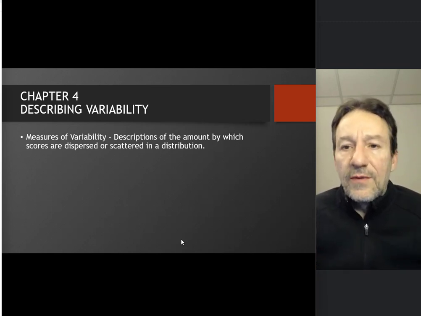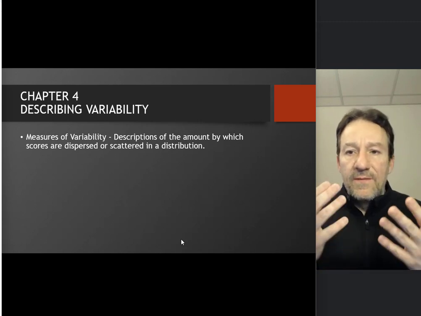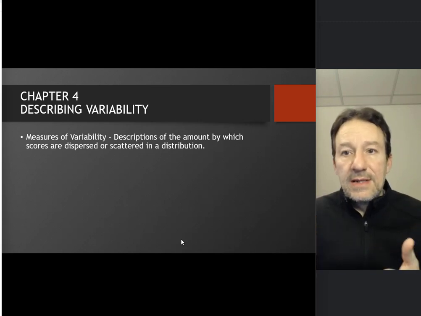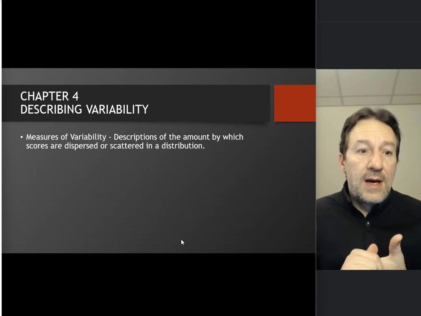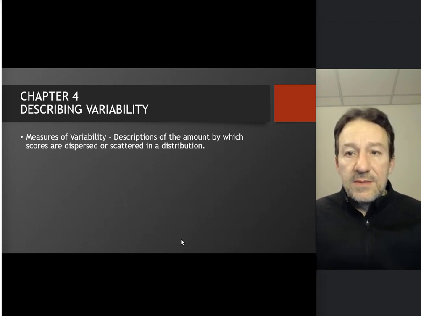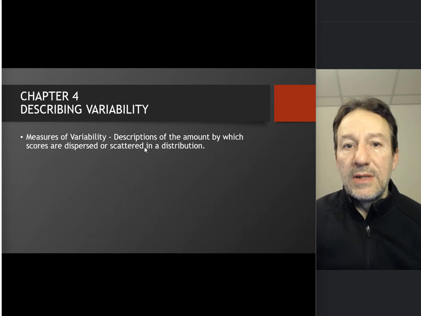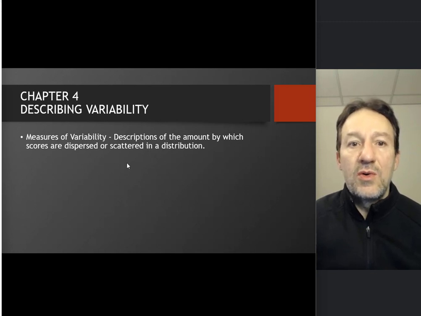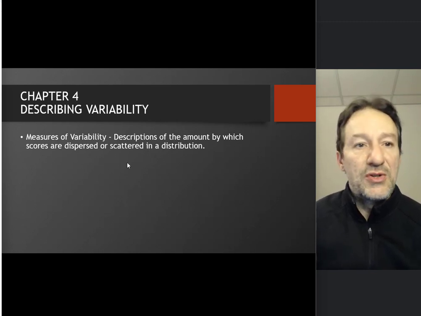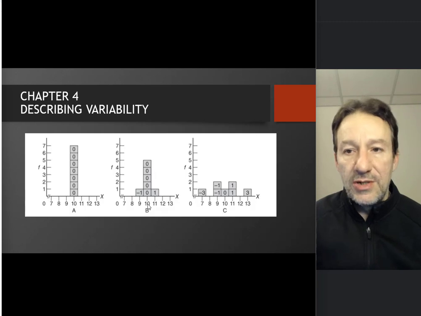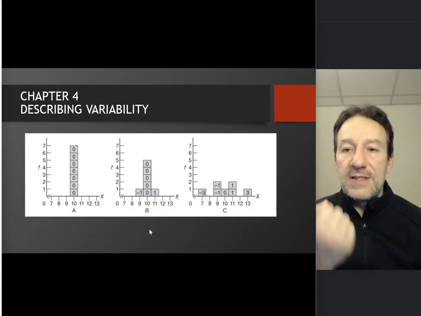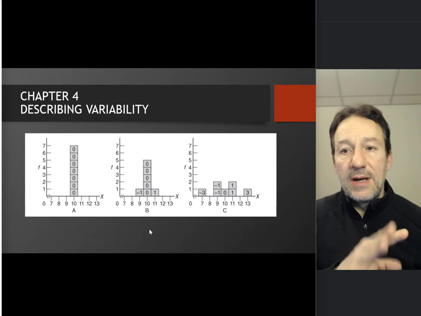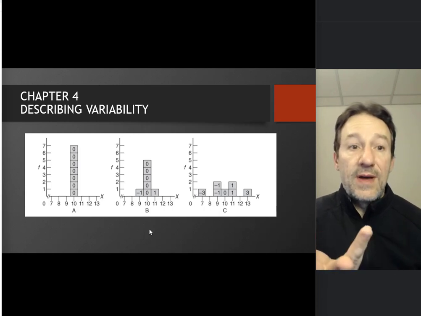So we are looking at variability in this chapter. That's variance, how varied is the data, the spread of the data, basically how far it is spread out. Measures of variability are descriptions of the amount by which scores are dispersed or scattered in a distribution. You might think of range, but range isn't that specific, and as we talked about in some of the other chapters, outliers can affect your range.